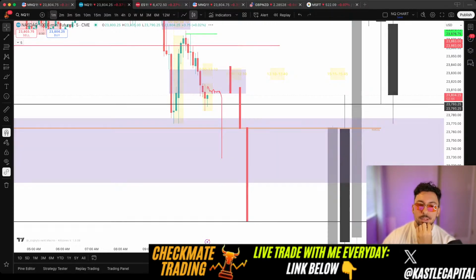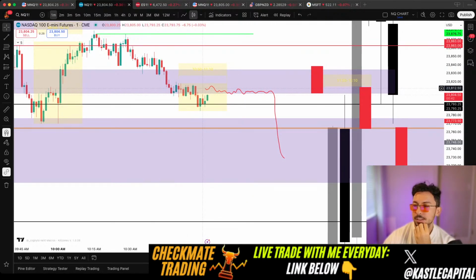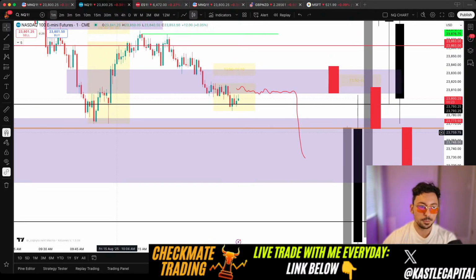Let's just see. My stop loss again is like right here. Stop in profit, not a stop loss. It's because it's not a loss. We're in $100 of profit per micro. Also, we have perfect equal lows right here. Just a heads up, guys.